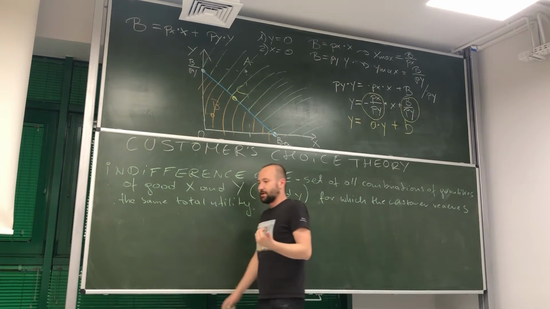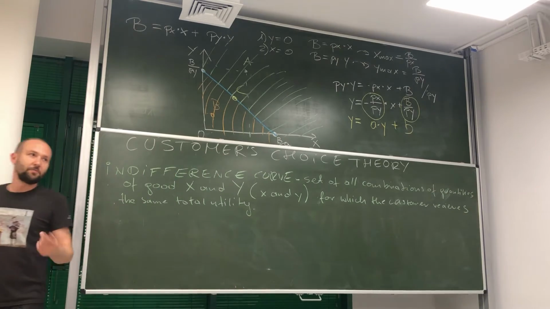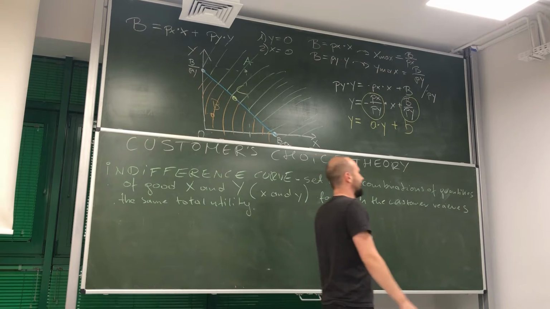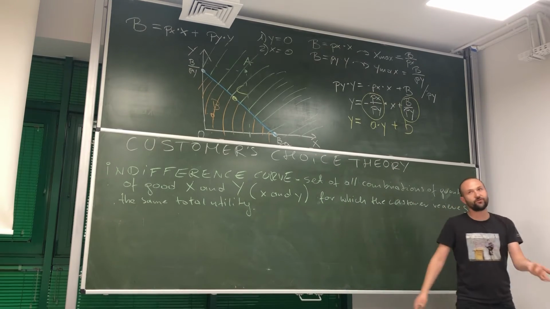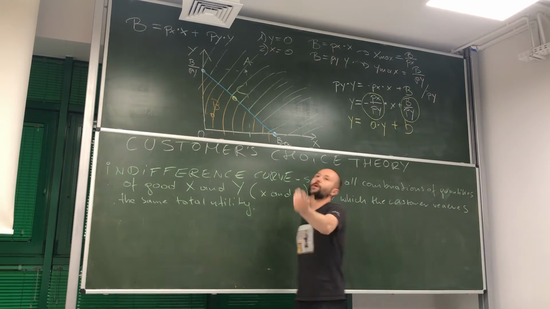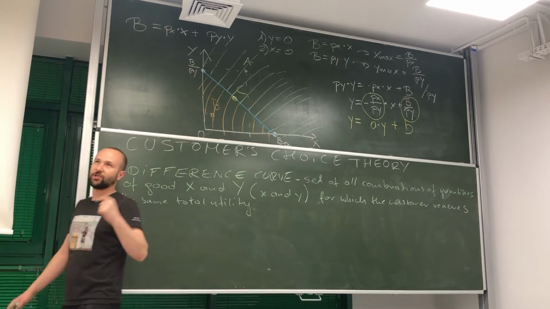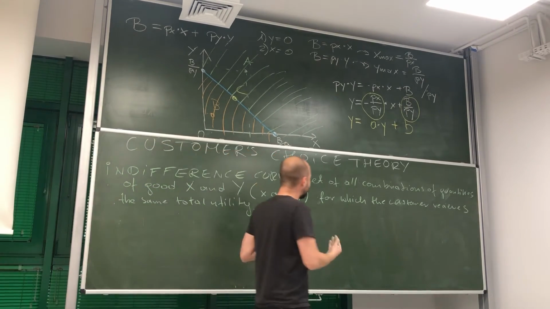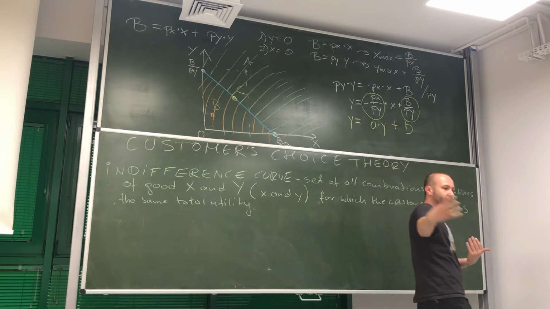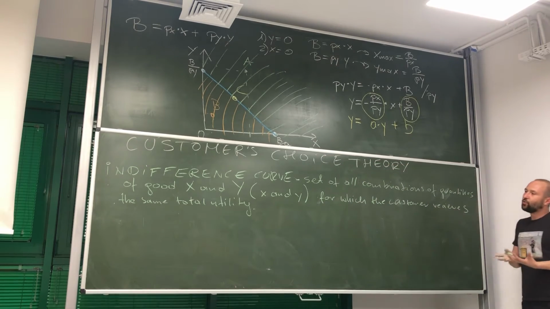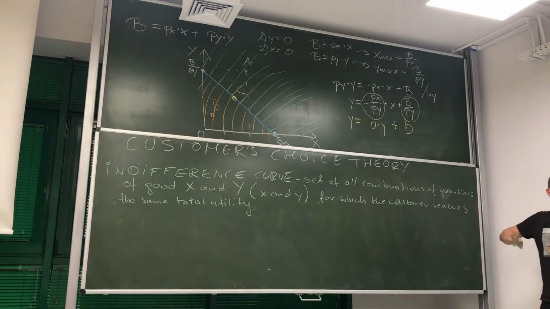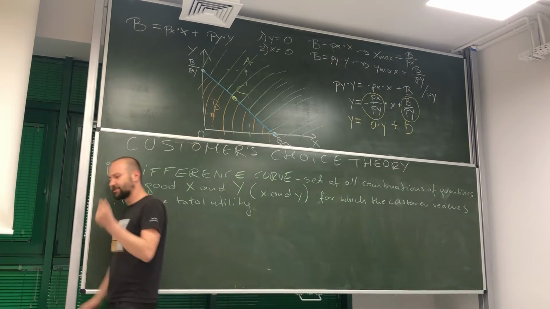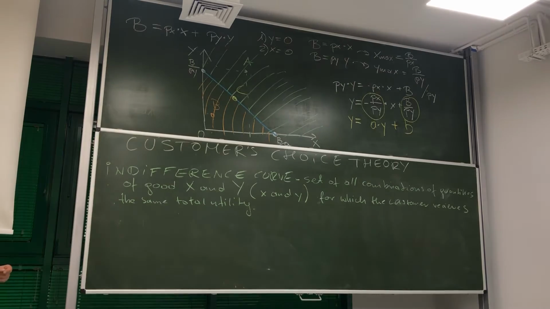And you're indifferent between getting 2 cheeseburgers and 1 bag of french fries, or 2 bags of french fries and 1 cheeseburger, for example. So basically what we are trying to do now is track all those combinations that will bring the customer exactly the same satisfaction.